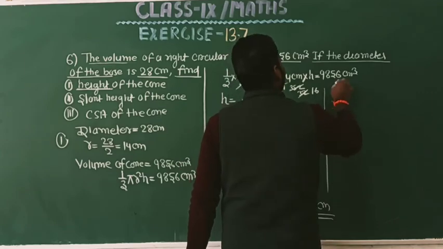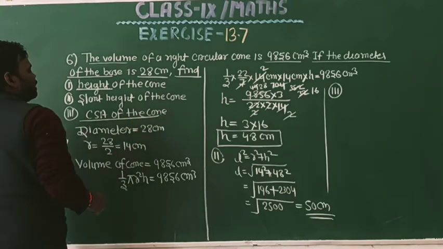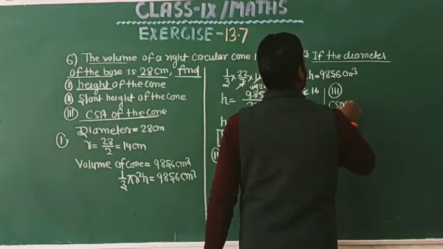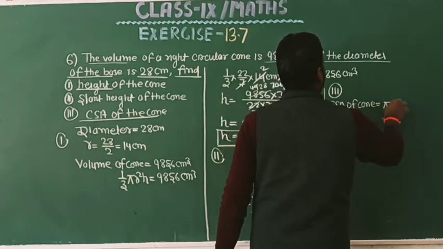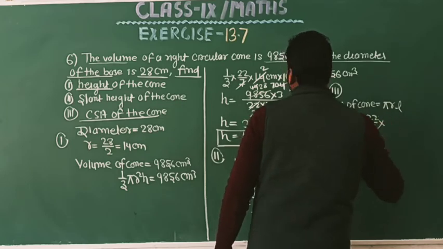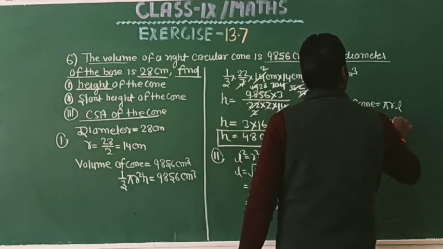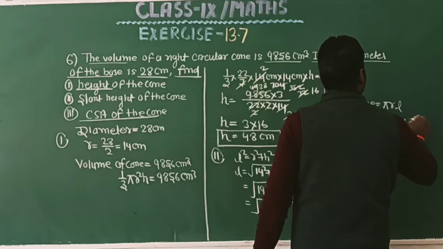And in the third part, we need to find its CSA, the curved surface area of the cone. So CSA of cone equals pi r l. So this is 22 by 7, and radius is 14 centimeter, and slant height we found is 50.